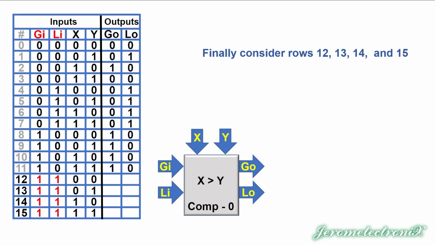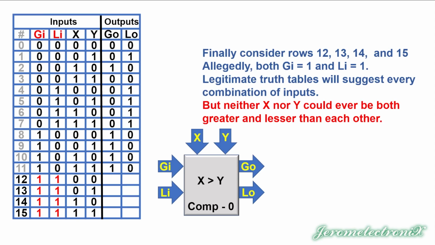In the last 4 rows, 12, 13, 14, and 15, the previous comparator found that x is greater than y, and it found that x is also less than y. Well, that's impossible. X cannot be both greater than y and also less than y. What that means is that we have some don't cares in the truth table.